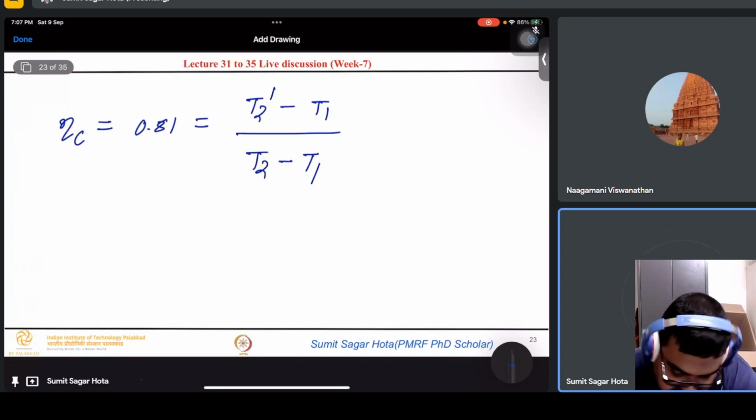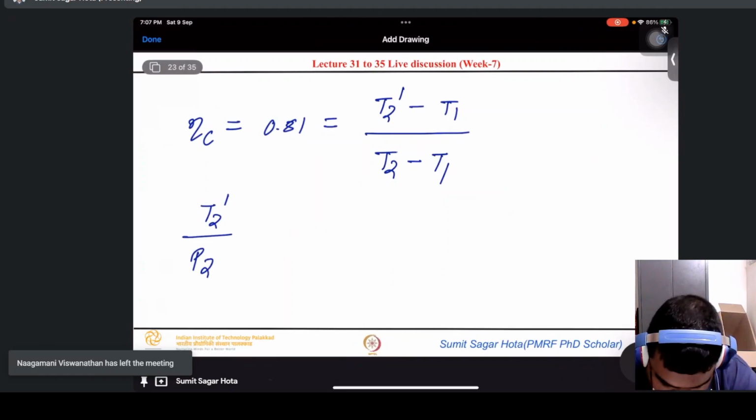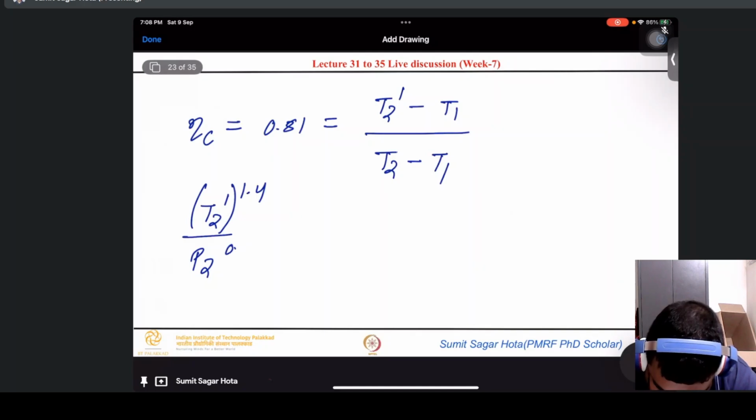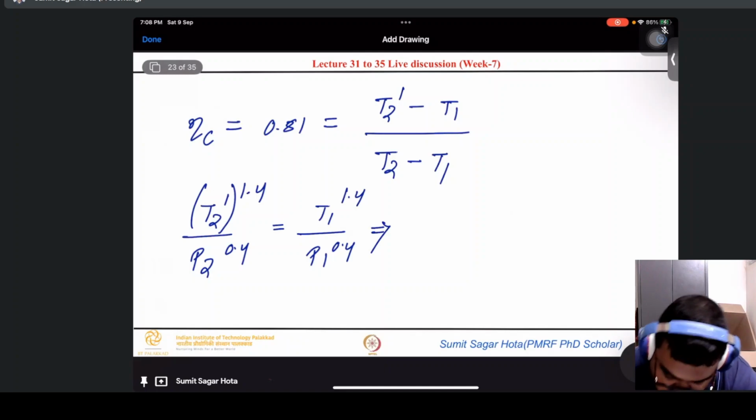Again you apply the isentropic relation between 1 and 2 dash, that is T2 dash to the power 1.4 over P2 to the power 0.4 is equal to T1 to the power 1.4 over P1 to the power 0.4. What is P2 by P1 given?